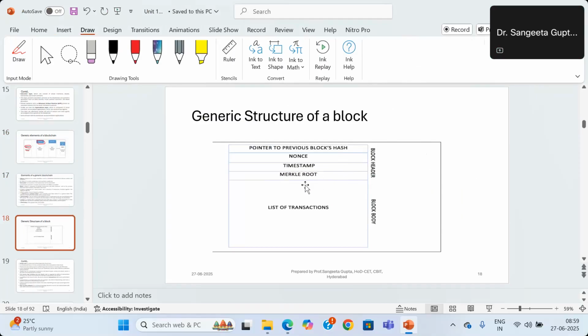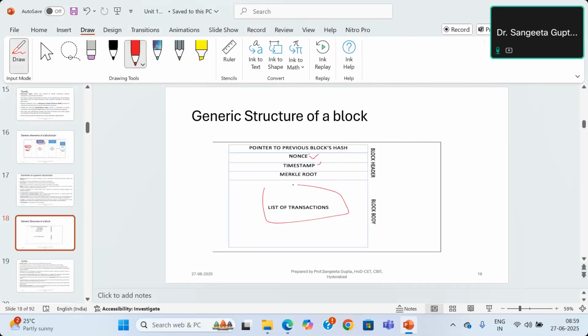The Merkle root is the hash value of all the transactions associated with the Merkle tree. So what is a Merkle tree? I will be explaining that in my upcoming videos. The timestamp is the time at which a particular block is created. And nonce is the value which is generated at the time of performing any operation or creation.